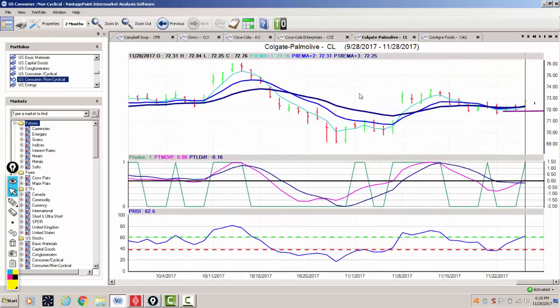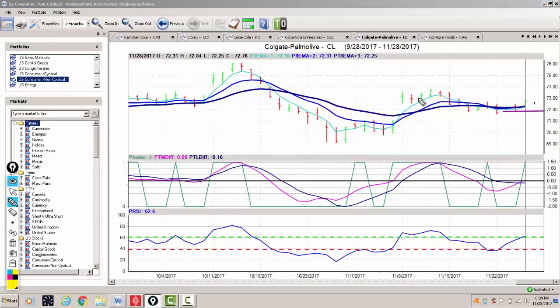Now our second trade for tonight, or tomorrow depending on when you're watching this, is going to be in the US consumer non-cyclical sector. We're looking at Colgate-Palmolive, the CL stock. We've had a corrective move on this. We've moved up, we've paused here, we failed at 74, and then we've had what appears to be a corrective move lower.